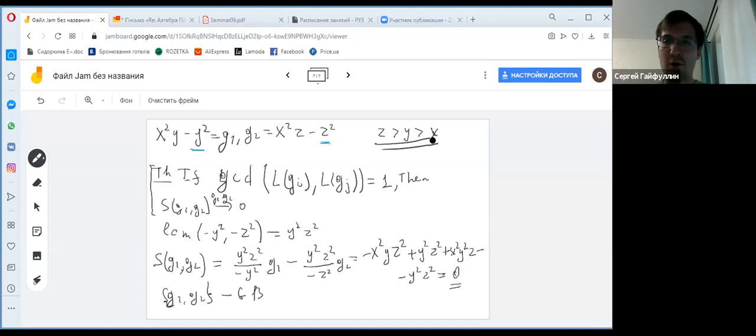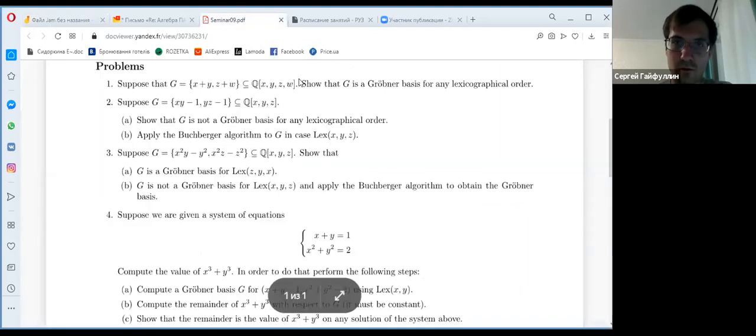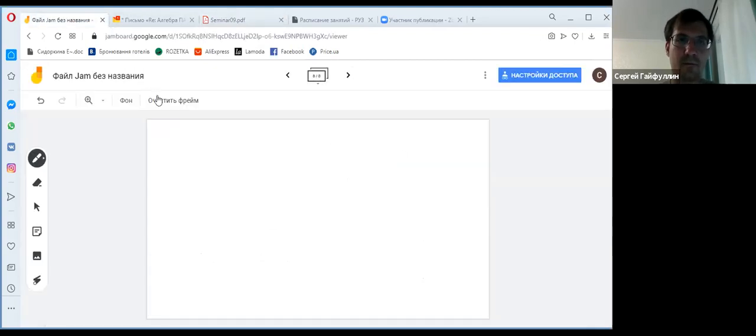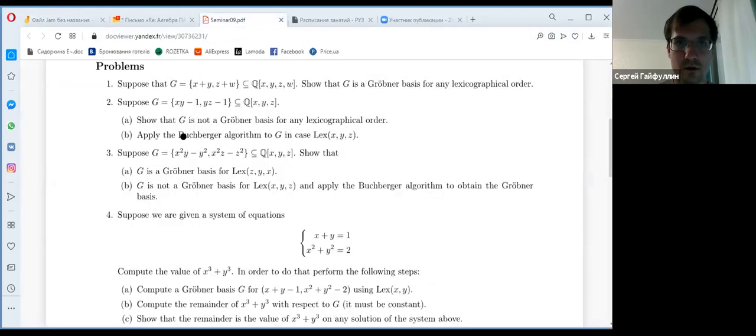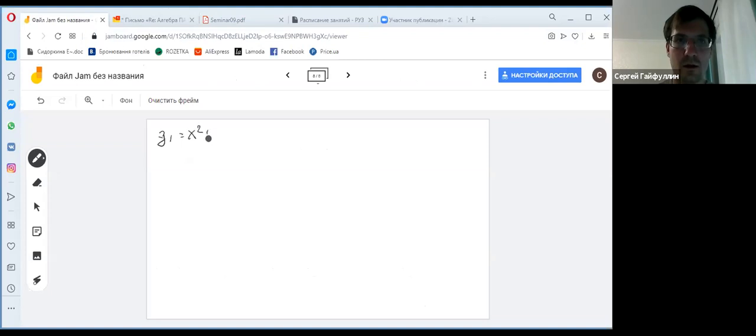And now we change ordering and try to understand why it should not be a Gröbner basis for another ordering. Now we have the standard lexicographical ordering. So I have G1 equals x squared y minus y squared.